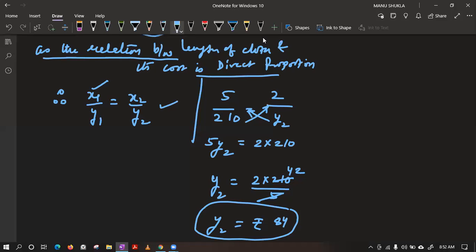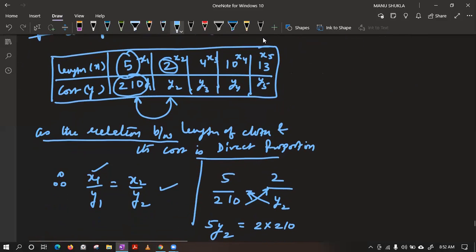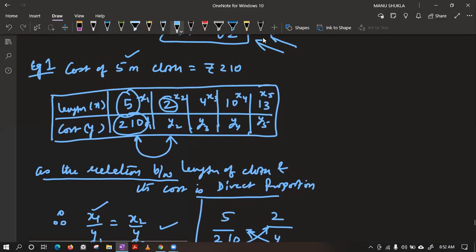Suppose you didn't have this idea of the formula of direct proportion. At that time, you could have used the unitary method quite easily. As 5 meter is for rupees 210, therefore 1 meter will be rupees 210 upon 5, that is rupees 42.